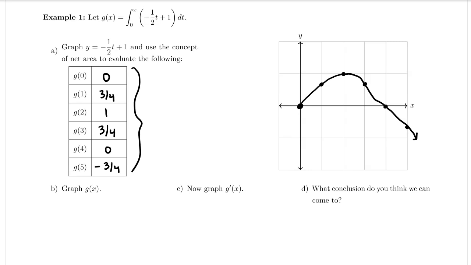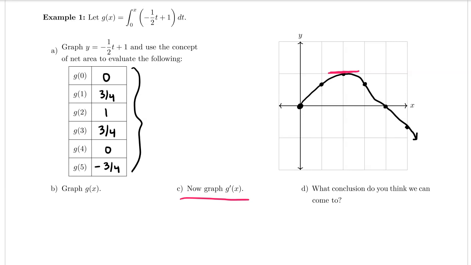So now part C asks us to graph g prime of x. One ordered pair that would be easier for us to graph is my vertex of my parabola right here, and from differential calculus we should remember that when you have a parabola and you're looking at the derivative for the x value of the vertex, the derivative should equal 0 because we have a local maximum there, and so we have a horizontal tangent line.